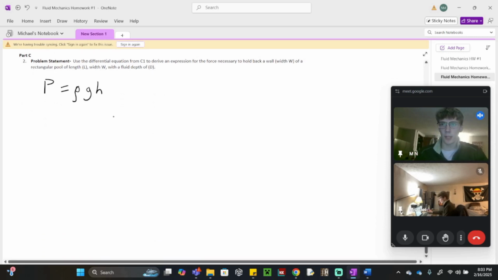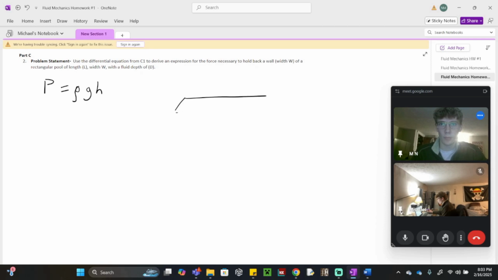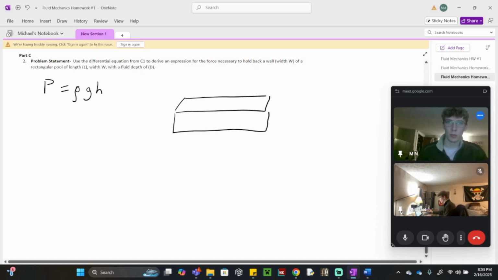So, let's draw a diagram of our rectangular pool. Here's our pool.